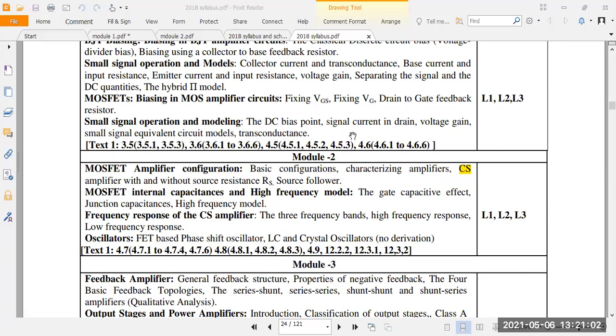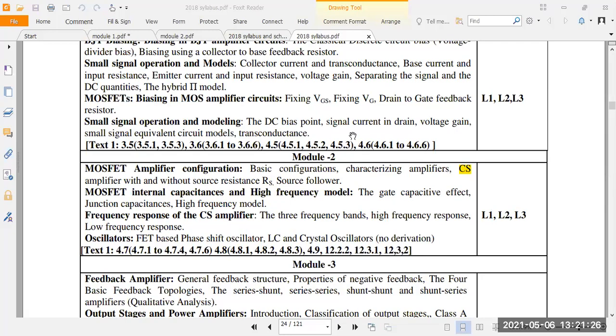Next, I'll start model number 2. In model number 2, topics are again related to MOSFET, same as what we discussed in MOSFET biasing. Same thing, write the equivalent circuit, the small signal operation and large signal operation, and the circuit diagram for the MOSFET amplifier.